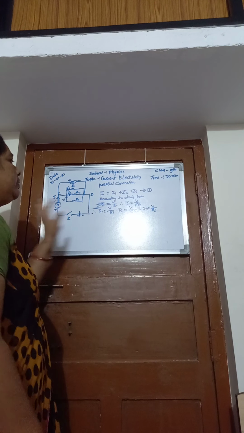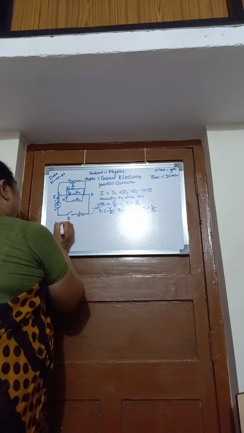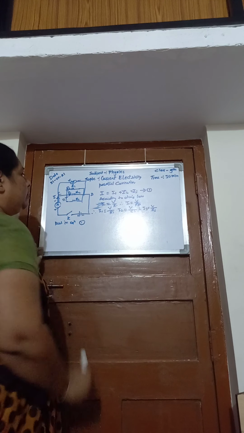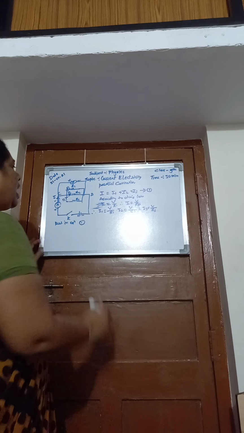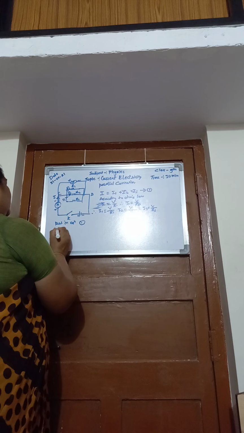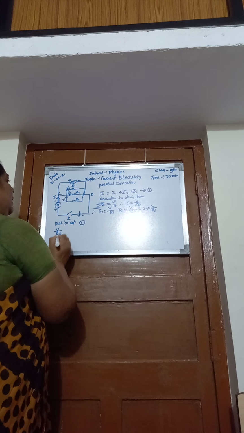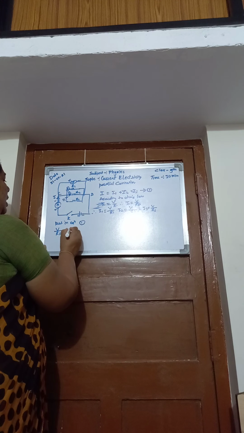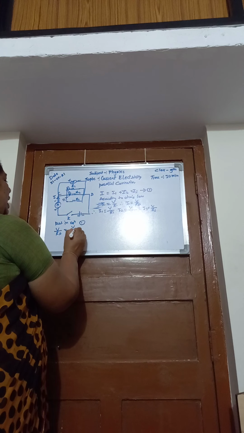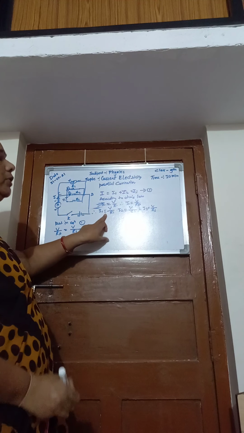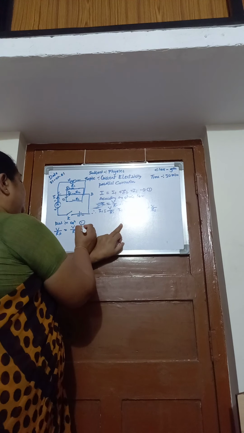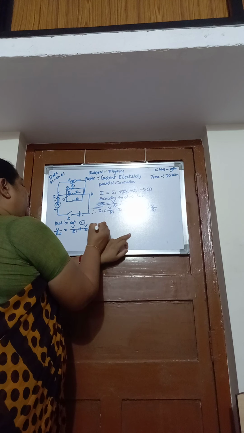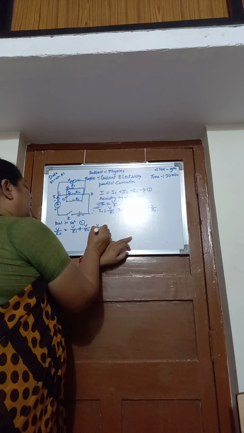Substitute these values in equation 1. I means V by RP. Write down this. V upon RP equal to V upon R1, put I1 equal to V upon R1, I2 equal to V upon R2, and I3 equal to V upon R3.